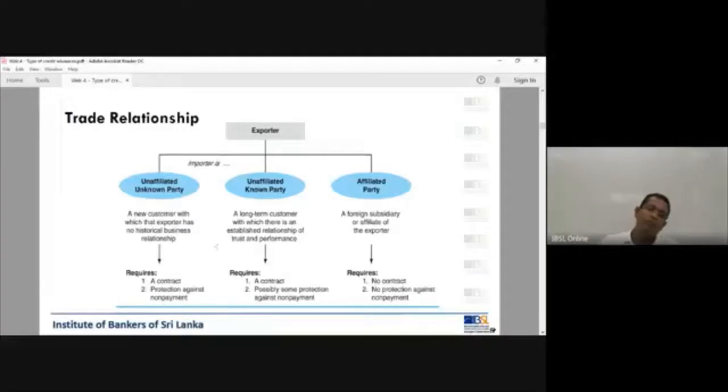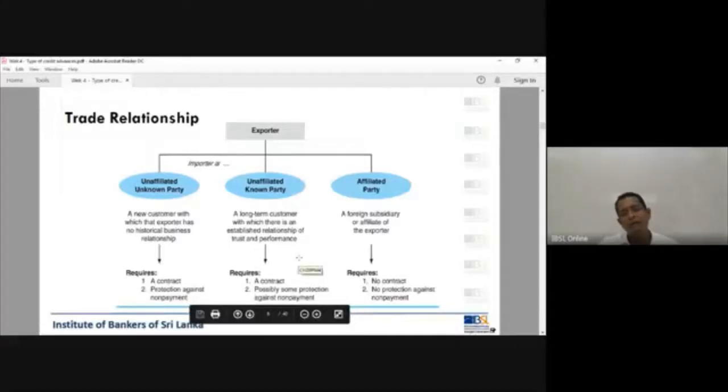So in trade, you have heard about LCs. For this part, we need LCs. For this kind of relationship, we can go on documents collection, D/P. For this one, we can go on open account.